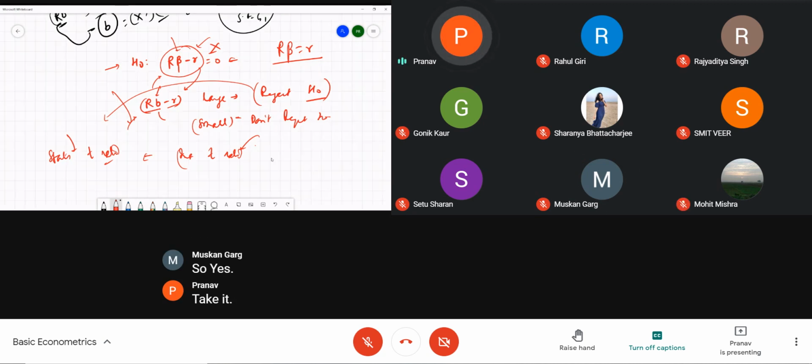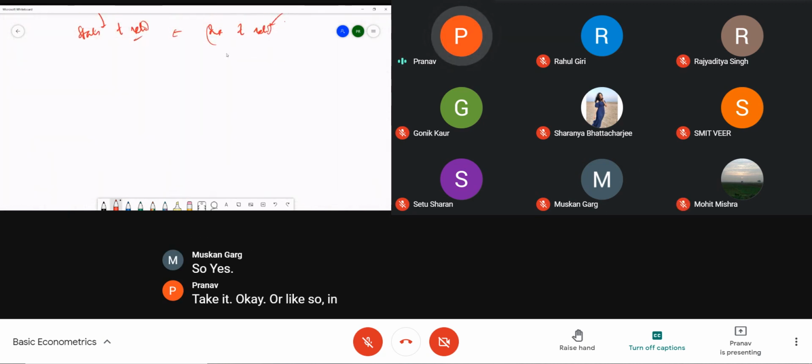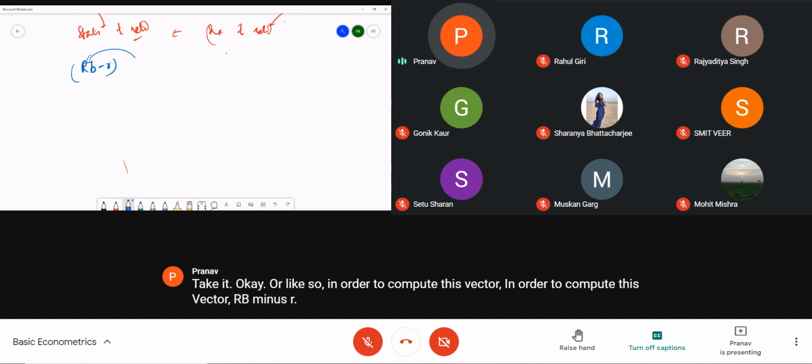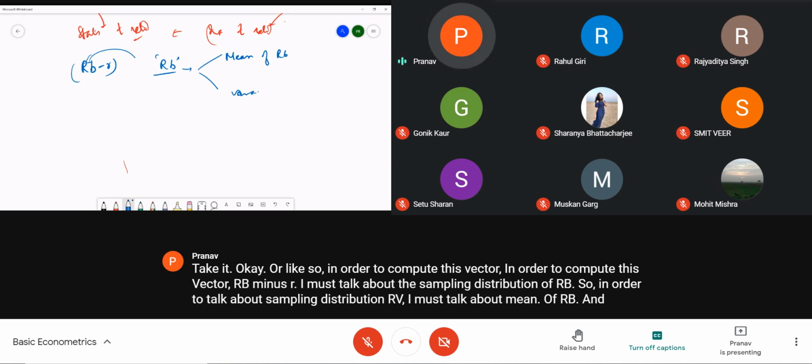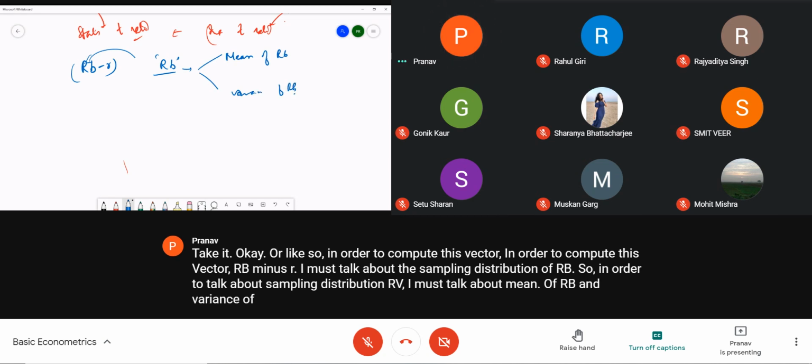Okay, all right. So in order to compute this vector, Rb minus r, I must talk about the sampling distribution of Rb. So in order to talk about the sampling distribution of Rb, I must talk about the mean of Rb and the variance of Rb.